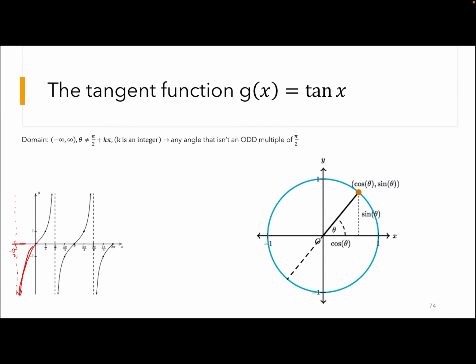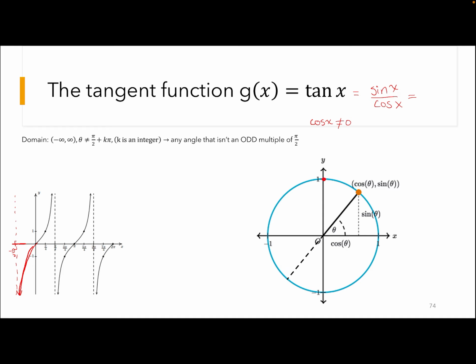Since tangent x is sine x over cosine x, or sine theta over cosine theta, we have a ratio. And so that means that we could end up dividing by 0. So tangent is defined where cosine x is not equal to 0.